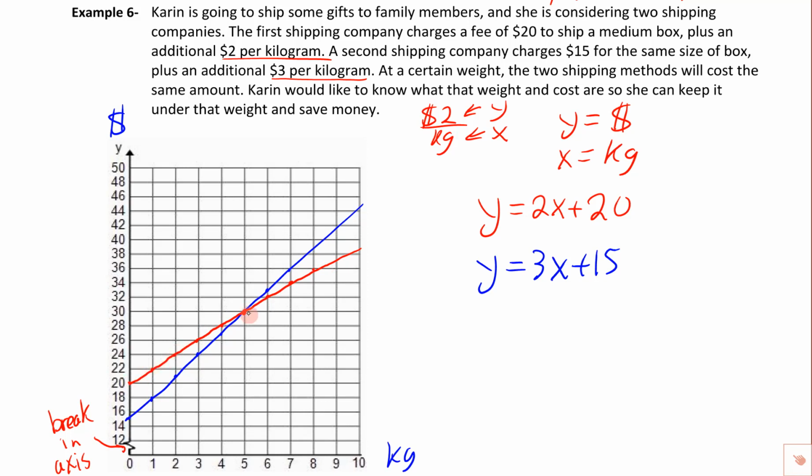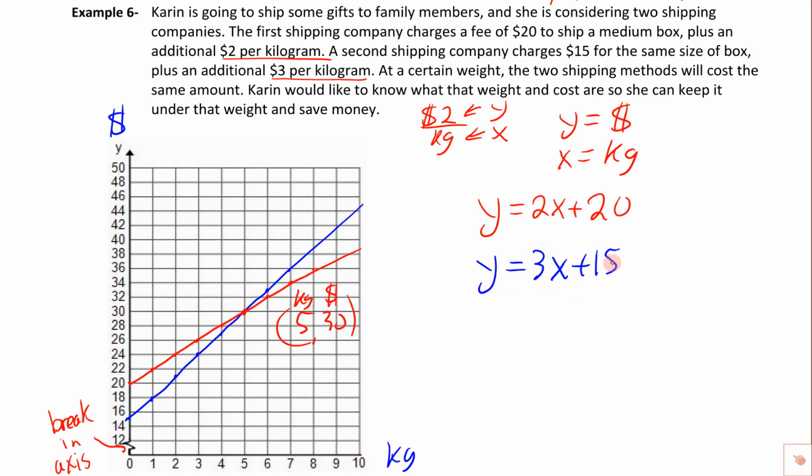And again, if you're graphing this perfectly and everything works out, that's great. But that point right there is 5,30. And remember, this is going to be the kilograms, and that's going to be the dollar amount. So it says Karen would like to know what that weight is and what the costs are so that she can keep it under that weight and save money. So if she's going to save money, she's going to go with this second one, okay?